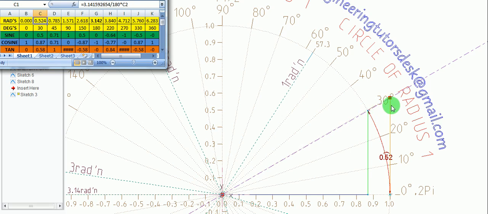At 30 degrees or 0.52 radians, we need to check what is the height of sine, what is the length of cosine, and what is the height of tan. For measurement purpose, let us project the apex of sine and tan to the vertical axis.